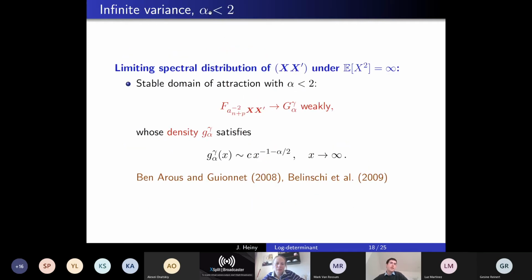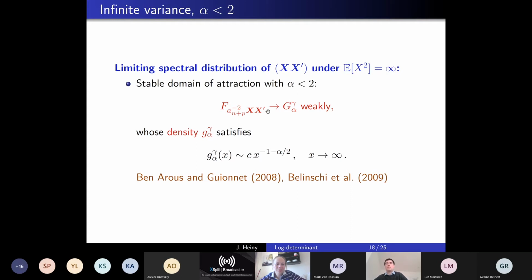In the infinite variance case, which can be obtained by choosing this parameter alpha smaller than 2, Benarous, Guinet, and Belinci, and others have studied the limiting spectral distribution of this sample covariance matrix under infinite variance. They assume that the entry distribution is in the stable domain of attraction with some alpha smaller than 2.